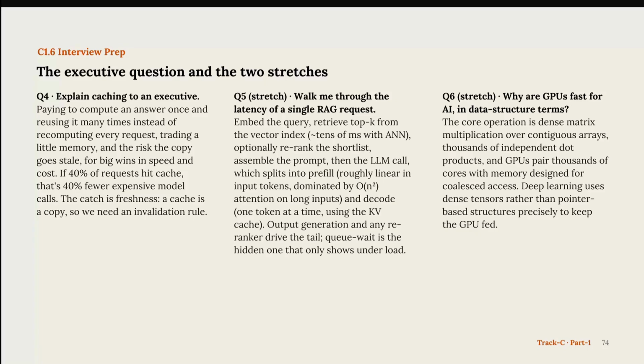The matrix multiplications they do on this tightly addressed, accessible array of data are much faster versus linked lists. Deep learning typically uses dense tensors rather than pointer-based structures like the linked list that we saw, precisely to keep the GPU fed. And GPUs excel in that particular space.